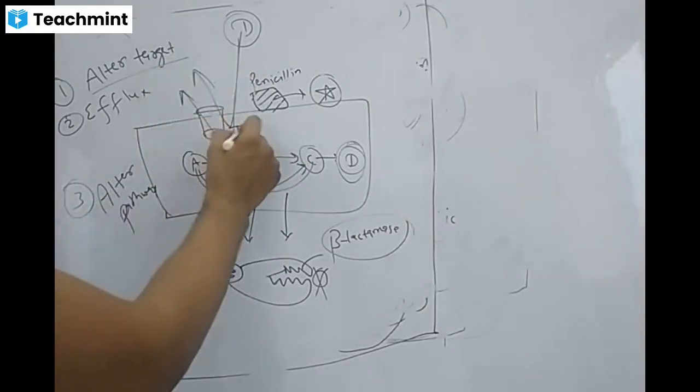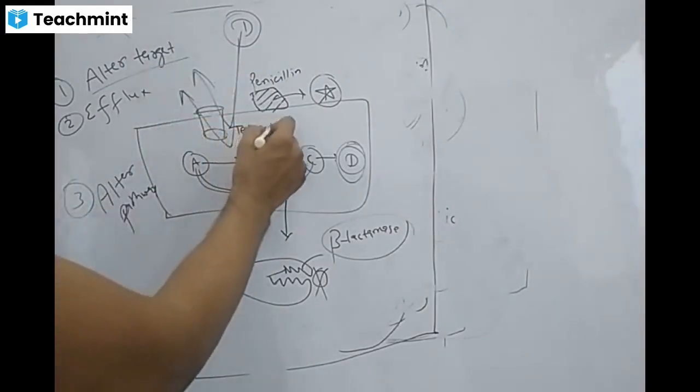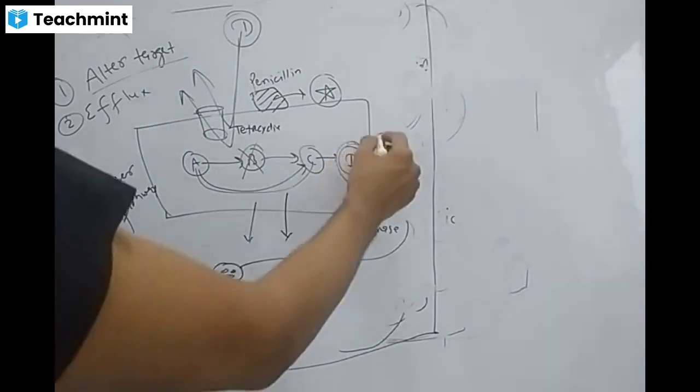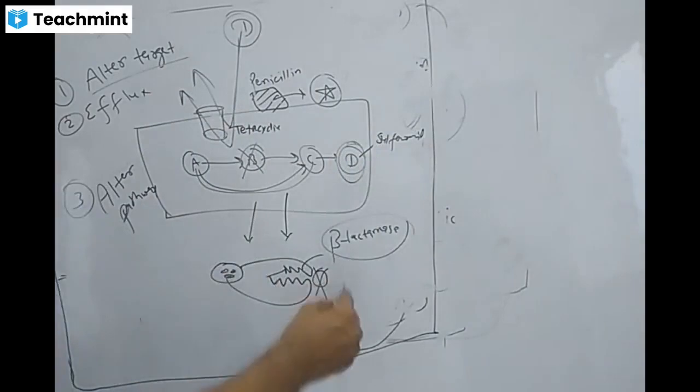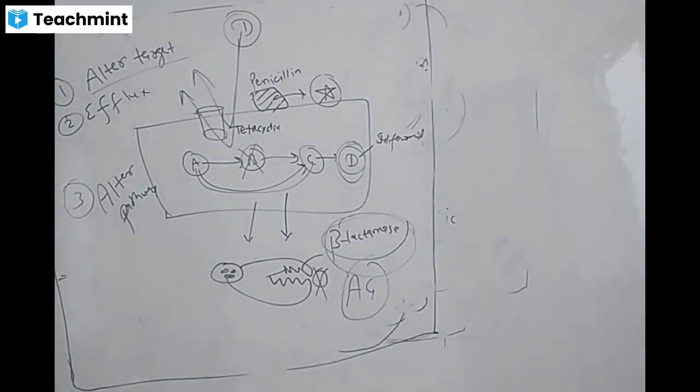Efflux is for tetracycline, and the alternate pathway is for sulfonamide, and this enzyme secretion is for beta lactam as well as aminoglycoside. They start secreting enzymes. So these are some biochemical mechanisms where the bacteria try to protect themselves from the action of the drug.